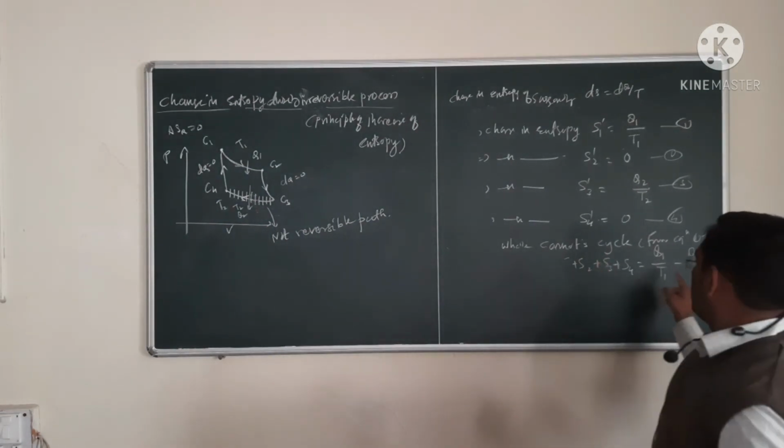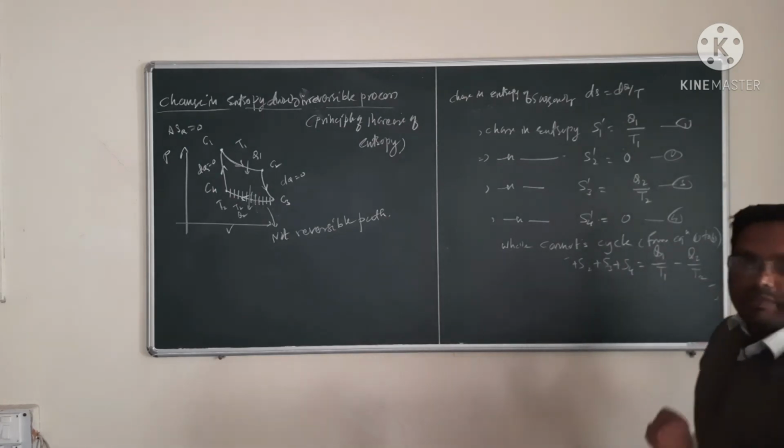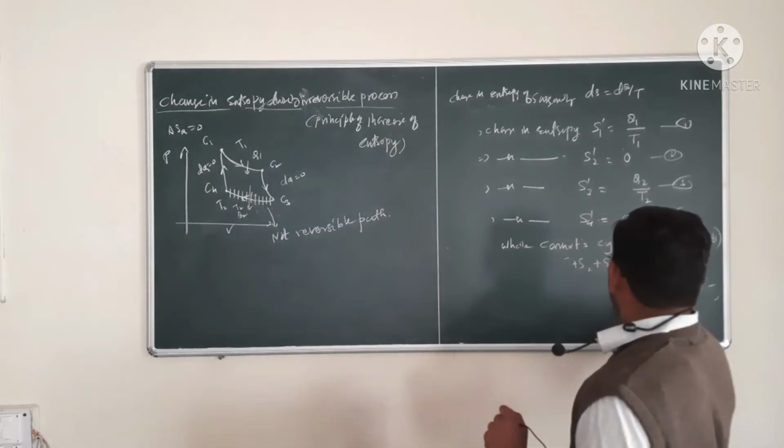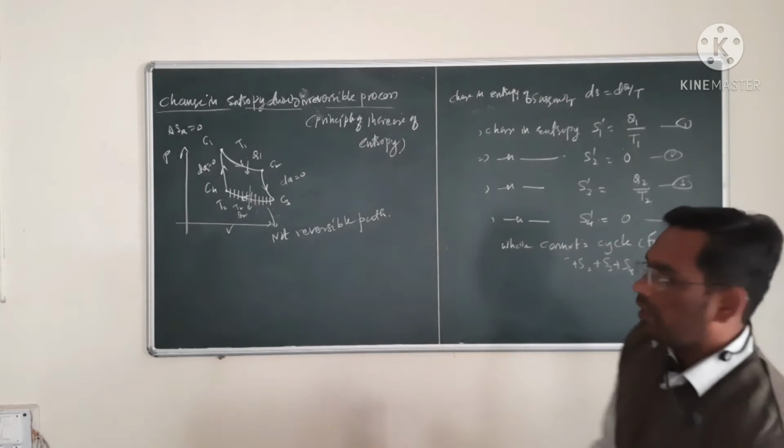ओके, सो इफ Q1 upon T1 is not equal to Q2 upon T2, what does it mean? It means Q1 upon T1 minus Q2 upon T2 is a positive quantity. Why?